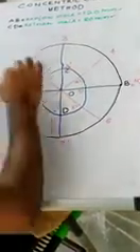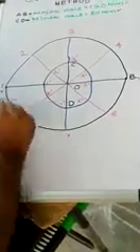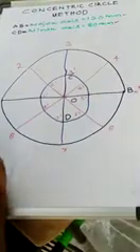After locating all these points on the major axis circle with respect to the minor axis circle, now remember from the major axis circle you have to draw the lines towards its major axis.